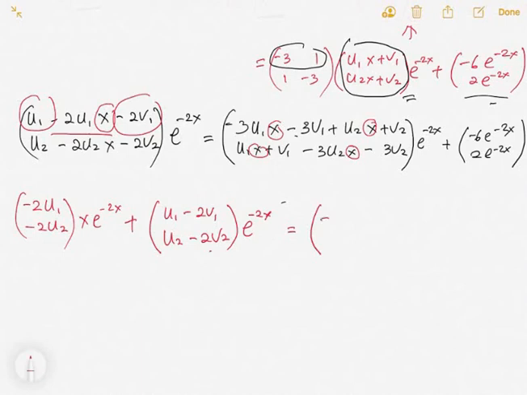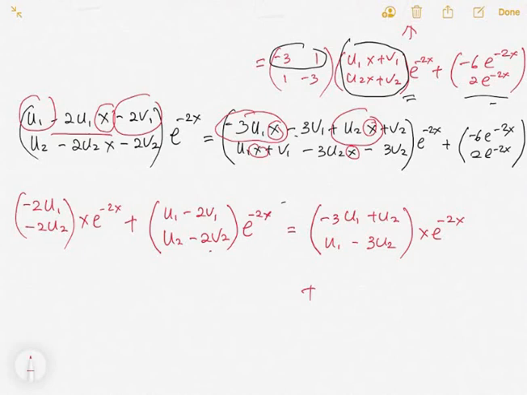You get negative 3u1 plus u2 and u1 minus 3u2, x exponent negative 2x.